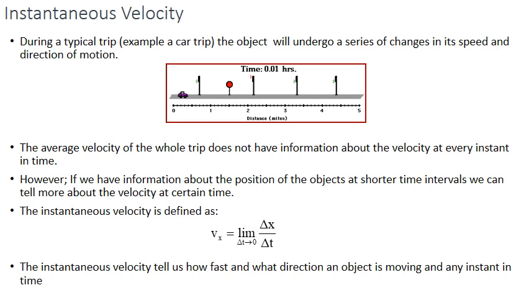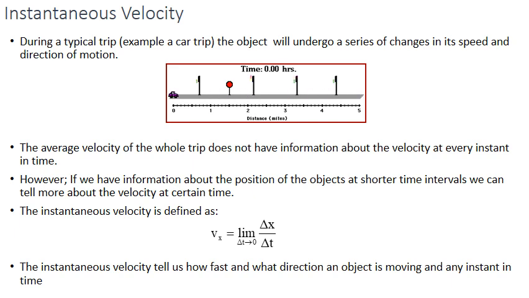So I can actually go smaller and smaller. Instead of 1 mile intervals, I could take 0.1 mile intervals, and I could go smaller and smaller. So the shorter the time interval I have, the more information I have about the instantaneous velocity of the car at any time.